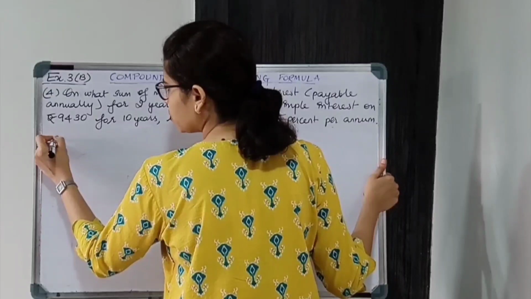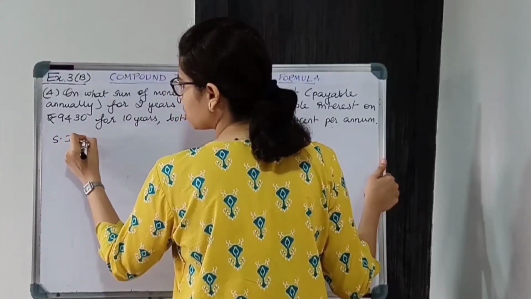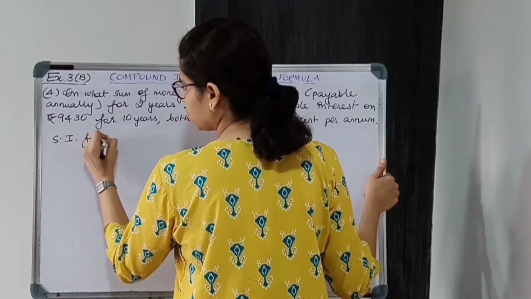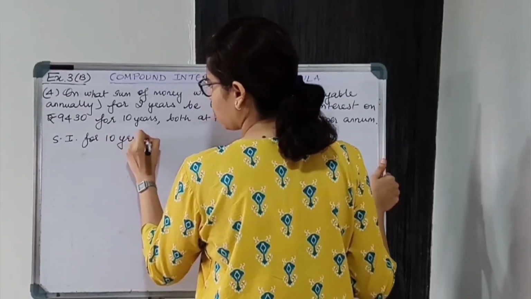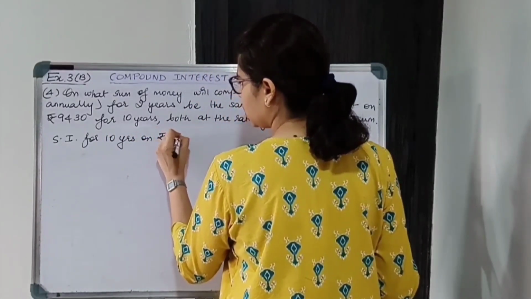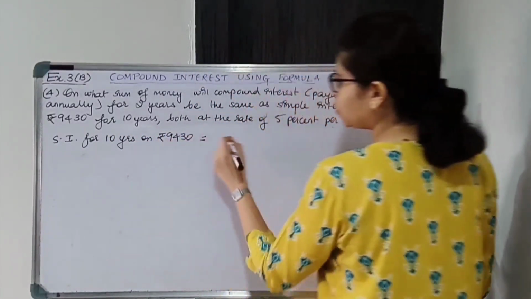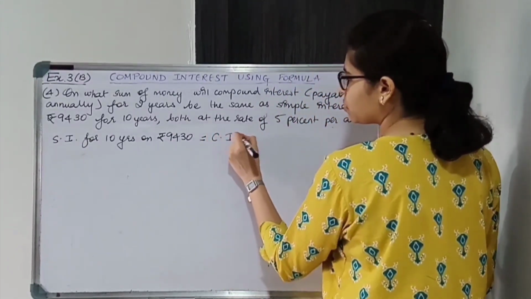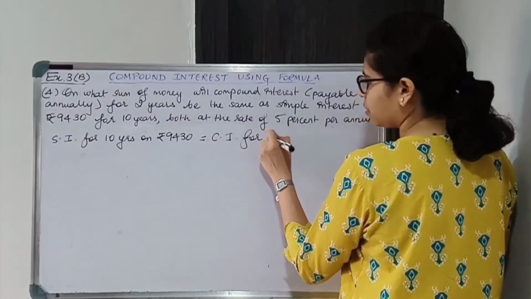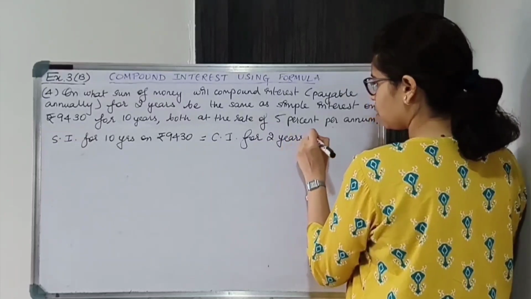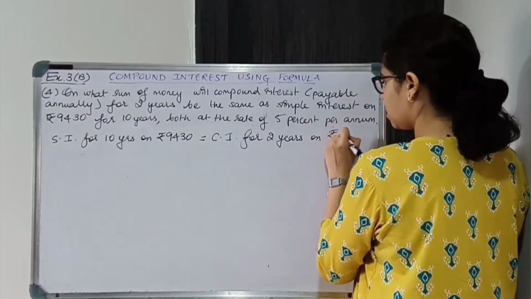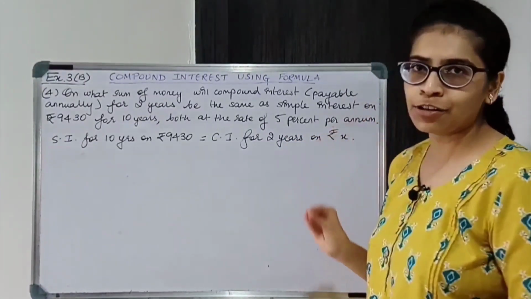Okay, so simple interest for 10 years on rupees 9430 is equal to compound interest for 2 years on rupees X at same rate of interest.